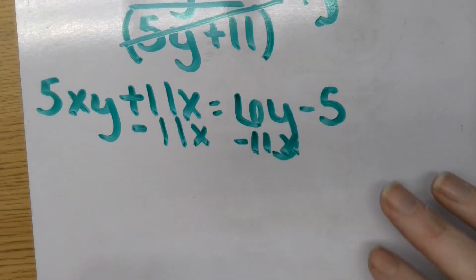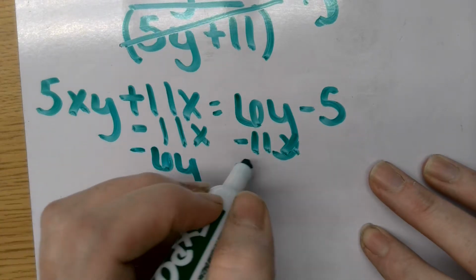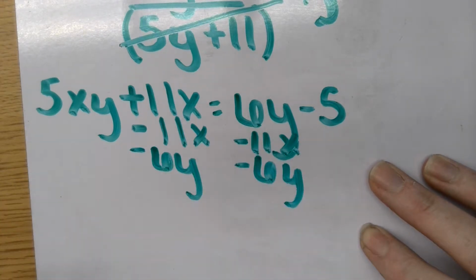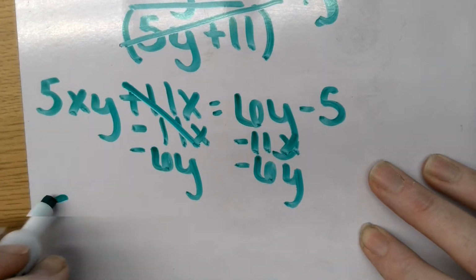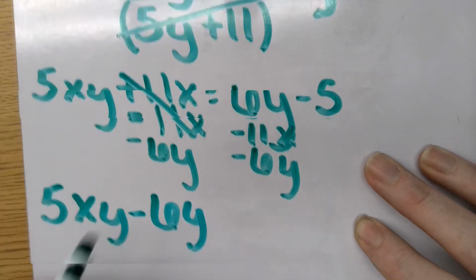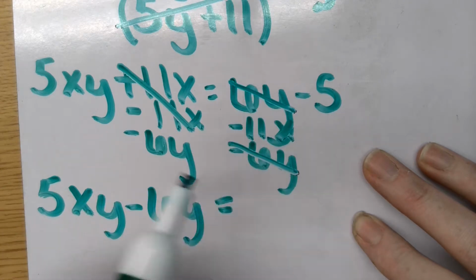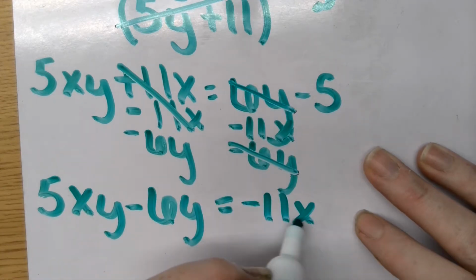So these are on the same side. So I'm going to minus 6y from both sides. Well, this cancels out here, so I'm left with 5xy minus 6y equals, this 6y cancels out with this, so I have negative 11x minus 5.